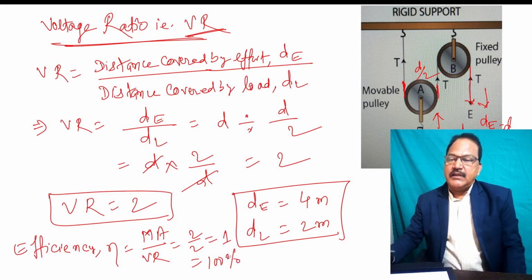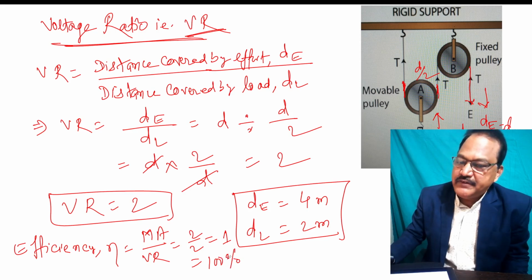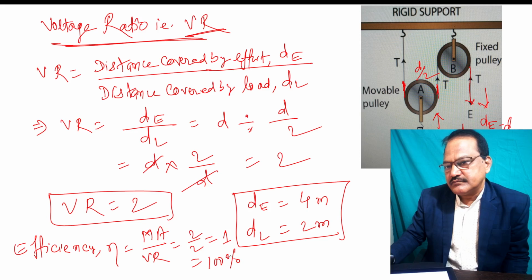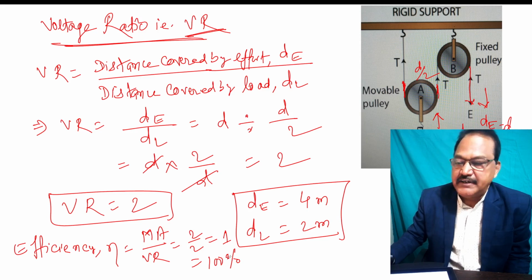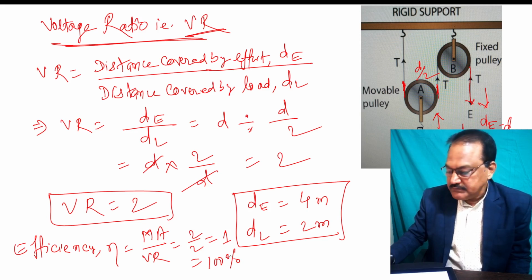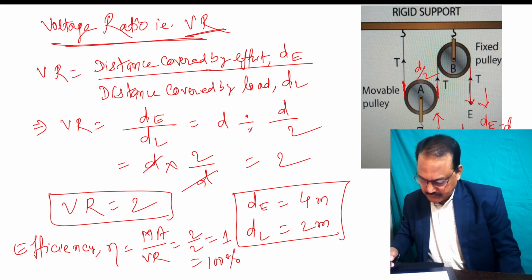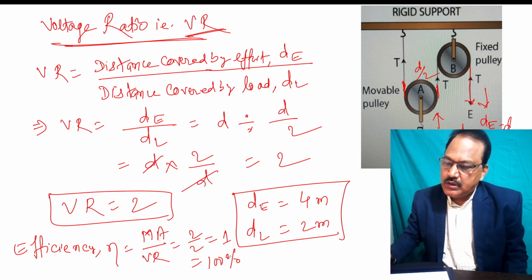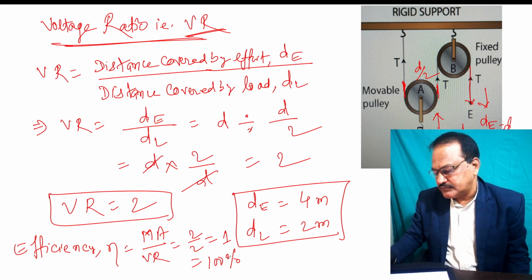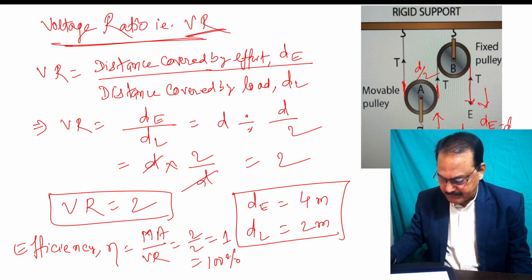It means the efficiency, or performance, of this machine, where the combination of one movable pulley and one fixed pulley is used, is 100%. This is the advantage. Generally this type of combination, or simple machine, is used in a zip line.